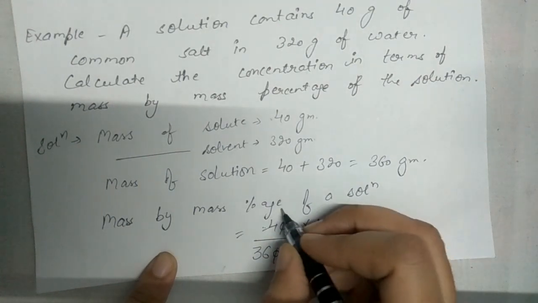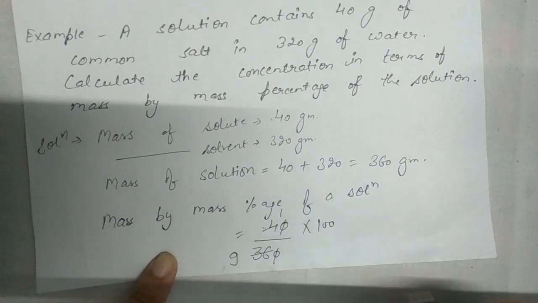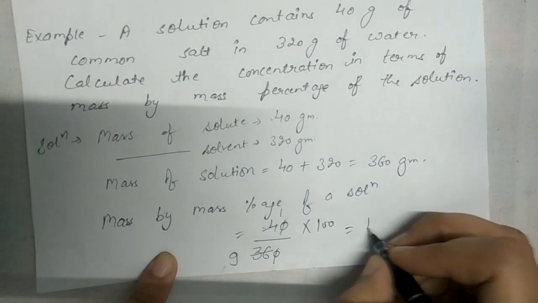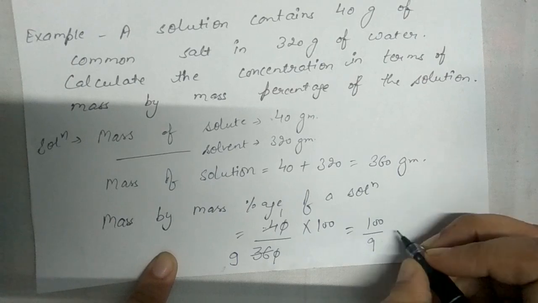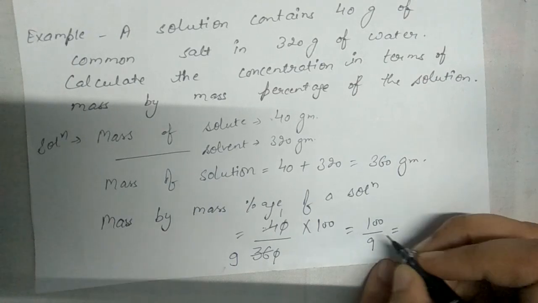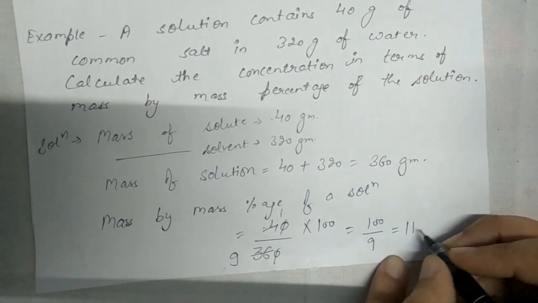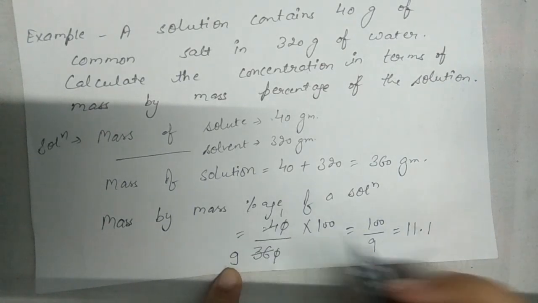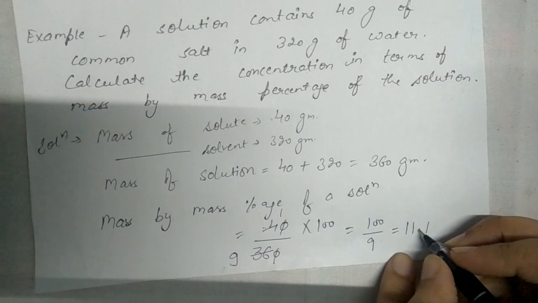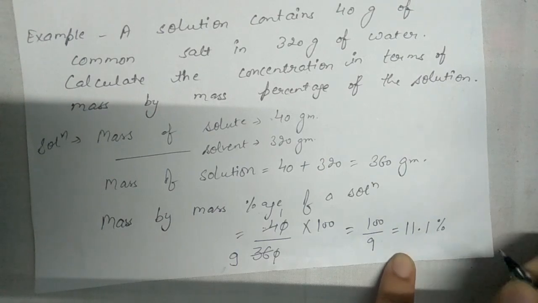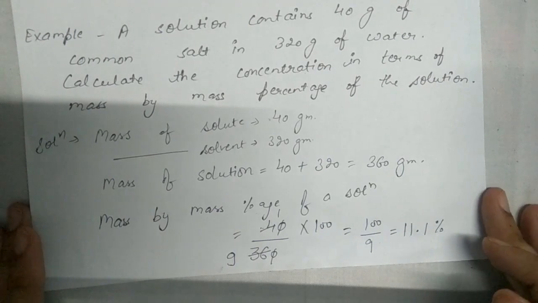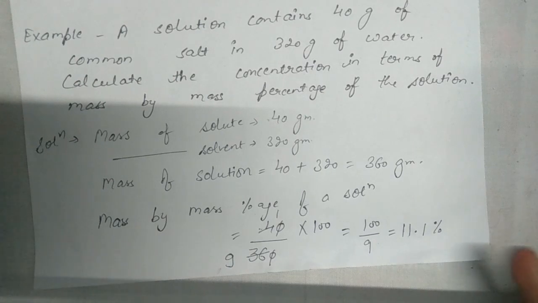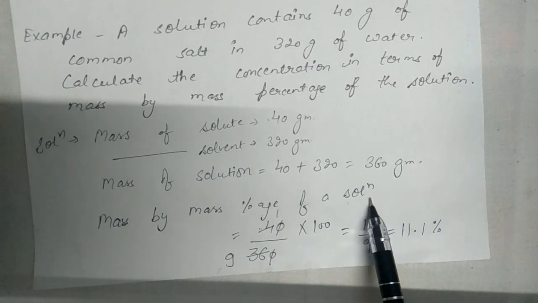Zeros get cancelled out. 4 ones are 4, 4 nines are 36. It will become 100 by 9. And if we change it into decimal, it will be 11.1. And we know we are calculating here the percentage, so it will be 11.1%.